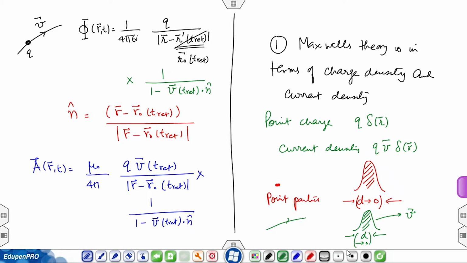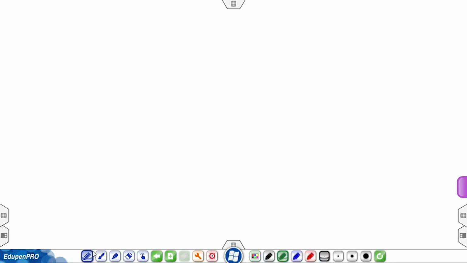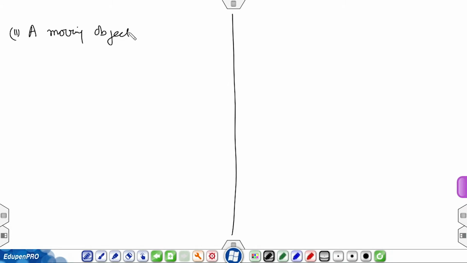So, now that is my point number 2. A moving object looks either longer or shorter than its length.